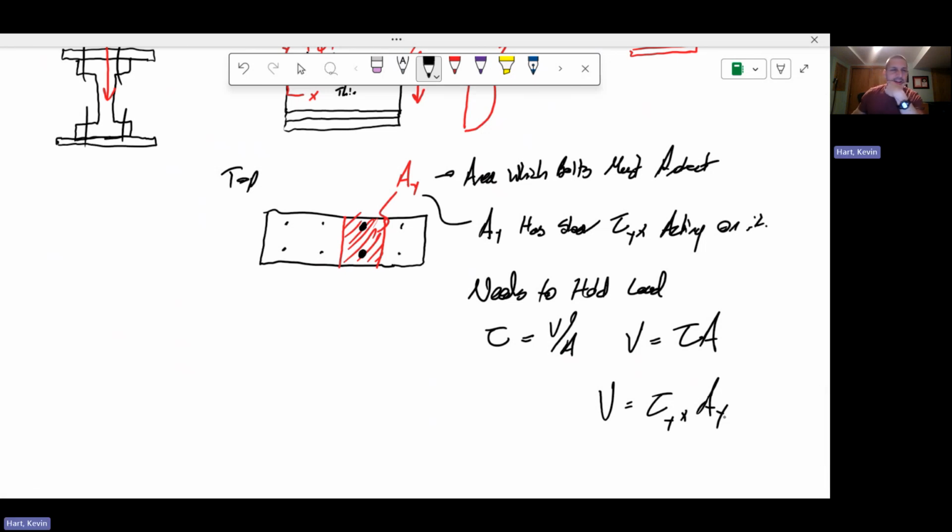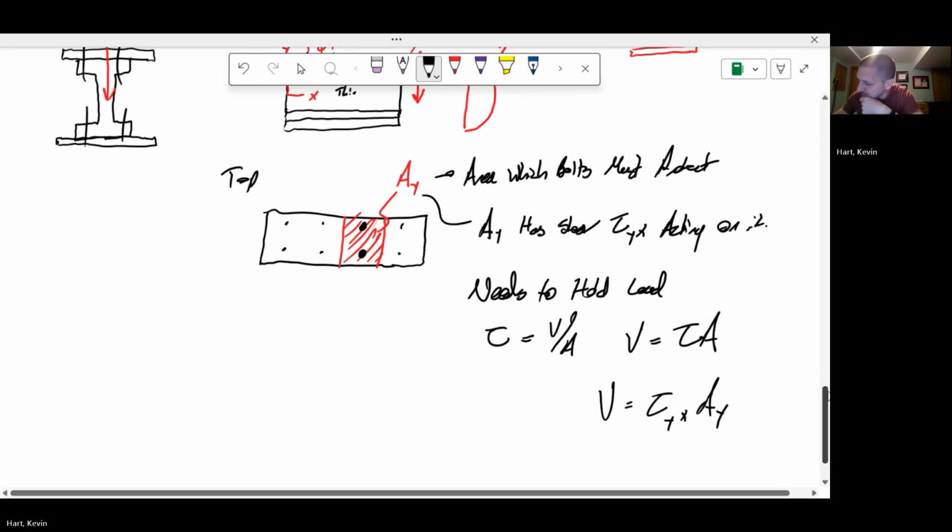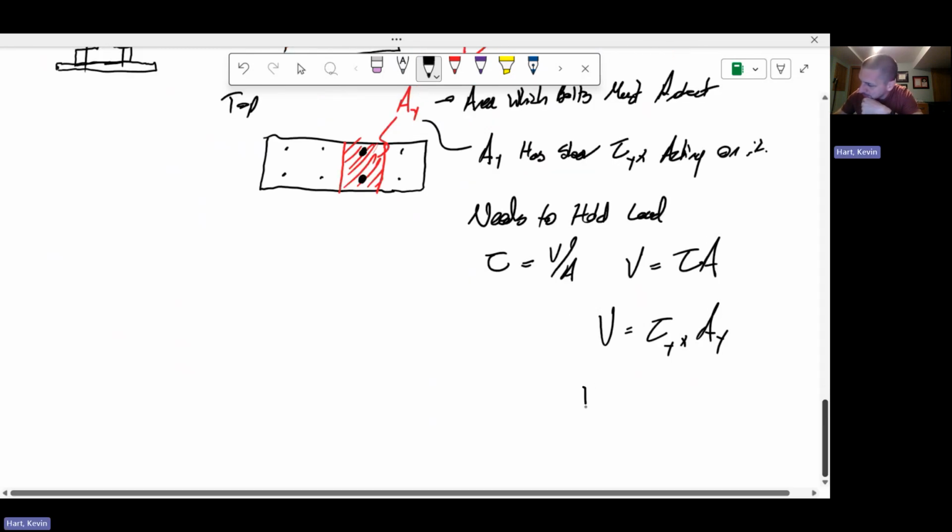We're getting kind of in the weeds here. Now, how much load? This tau yx is the same as tau xy, which you would calculate in your cross section, times AY. So this is the load that each areal section needs to hold to not break.